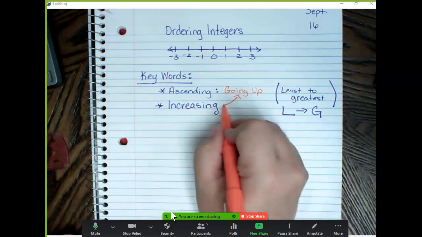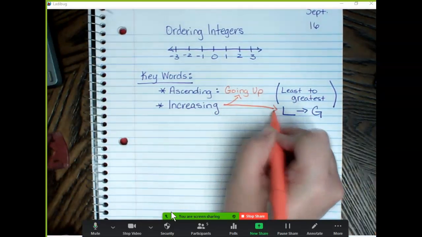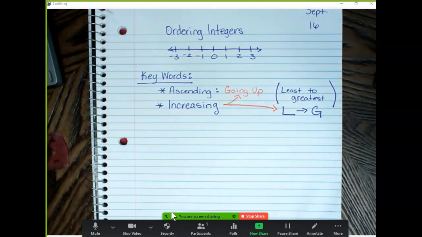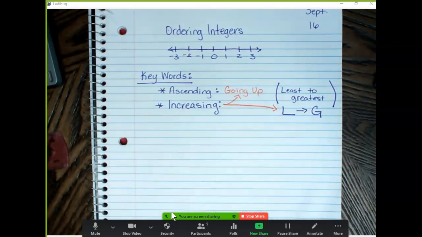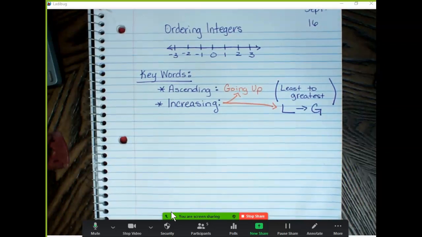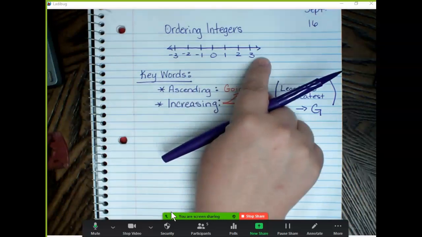It is also putting things in order least to greatest. So ascending and increasing mean the same thing. I'm getting bigger and bigger and bigger, so I would be going to the right on the number line.